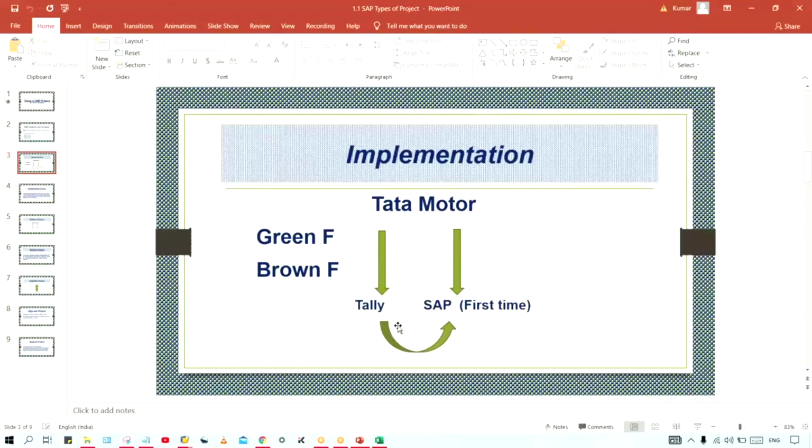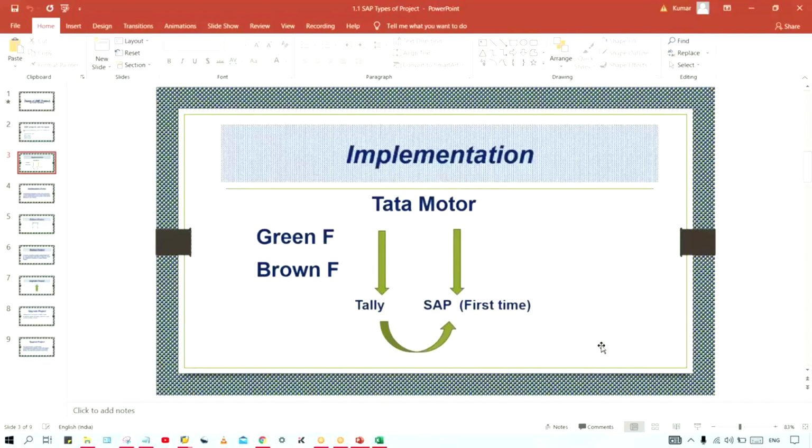So what is happening, guys? In that case, they are looking for a bigger platform, in the sense of some different ERP which is going to meet their requirement. Now let's suppose they have decided to go for SAP. So how will Tata Motor be able to use SAP?